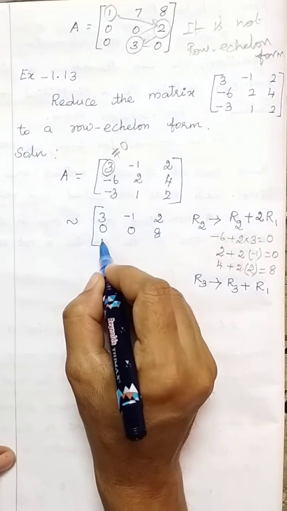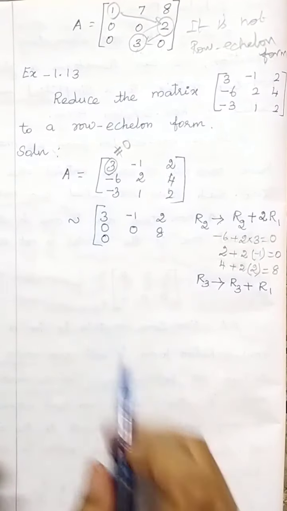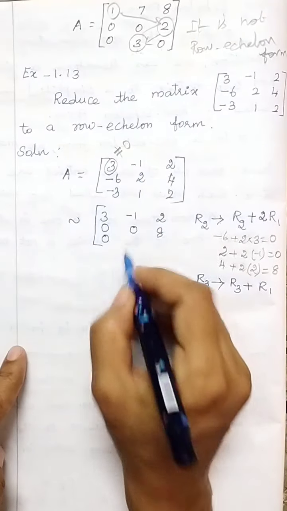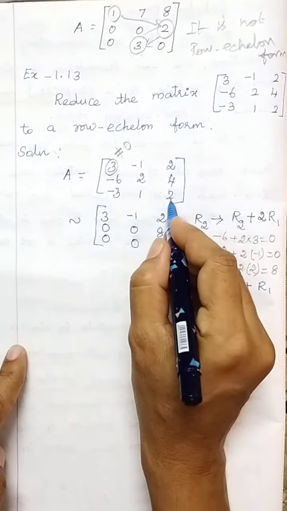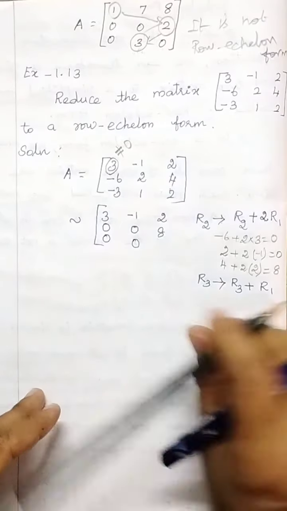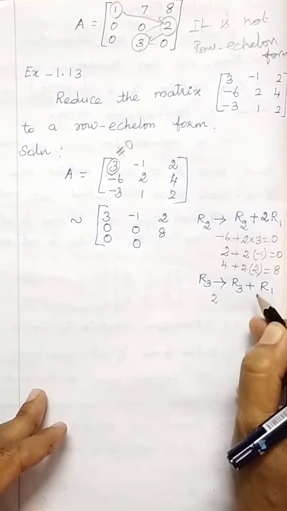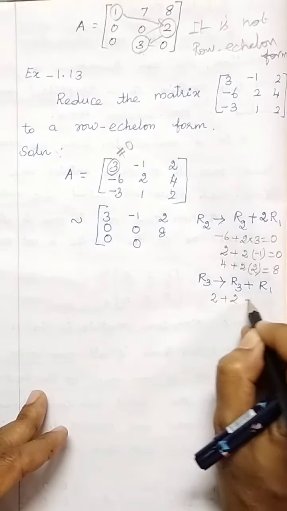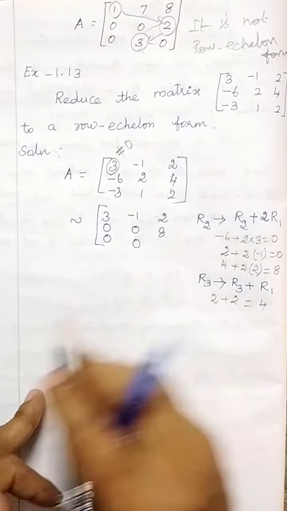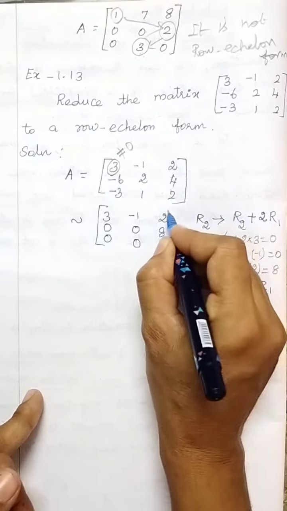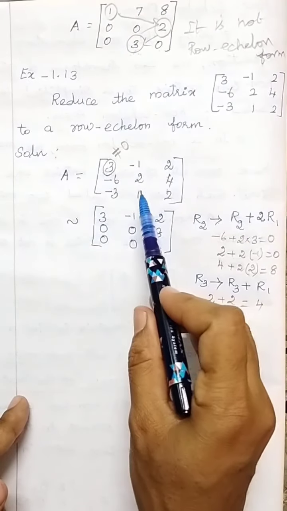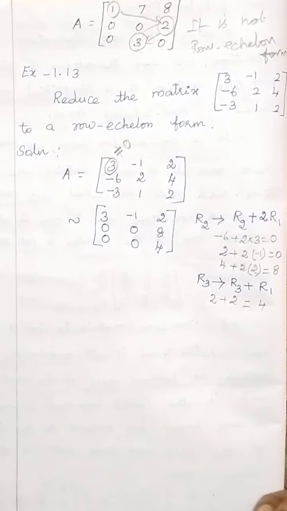So, minus 3 plus 3 is 0. Next, our element is plus 1. Plus 1 minus 1 is 0. Here, our R3 value is 2. So, 2 plus here also our R1 value is 2. So, 2 plus 2, 4. Now, we obtain the equivalent matrix of the given matrix.